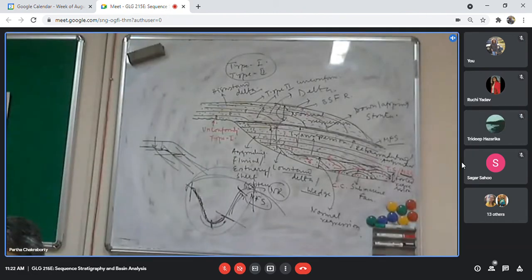Suppose when the Ganges started, do you have any idea when the Ganges started flowing? What is the main source of the Ganges? It is the Himalayan glacier, isn't it? But the Ganges also gets sediment because of precipitation and groundwater flow.